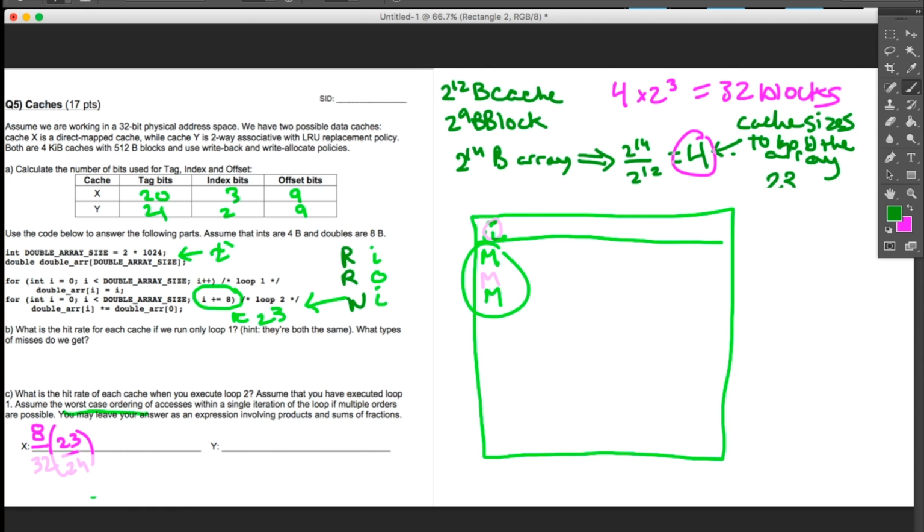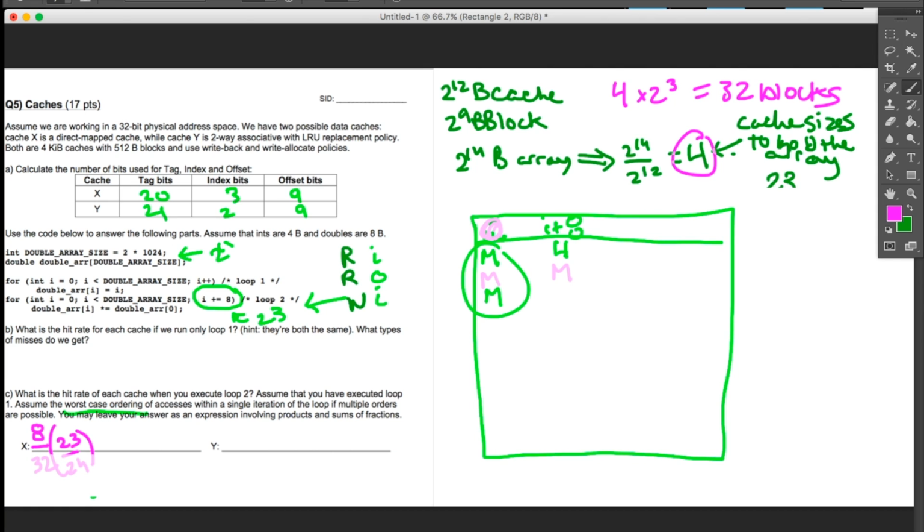Now when we try to access element I plus 8, what happens there? Notice that I is currently in that block, and I plus 8 is also in the same block. So that's actually a hit the first time. It only gets difficult once we try to access element 0. When we try to access element 0, we'll notice that that's not in the block. So we overwrite this block with the block that has element 0. That's a miss.